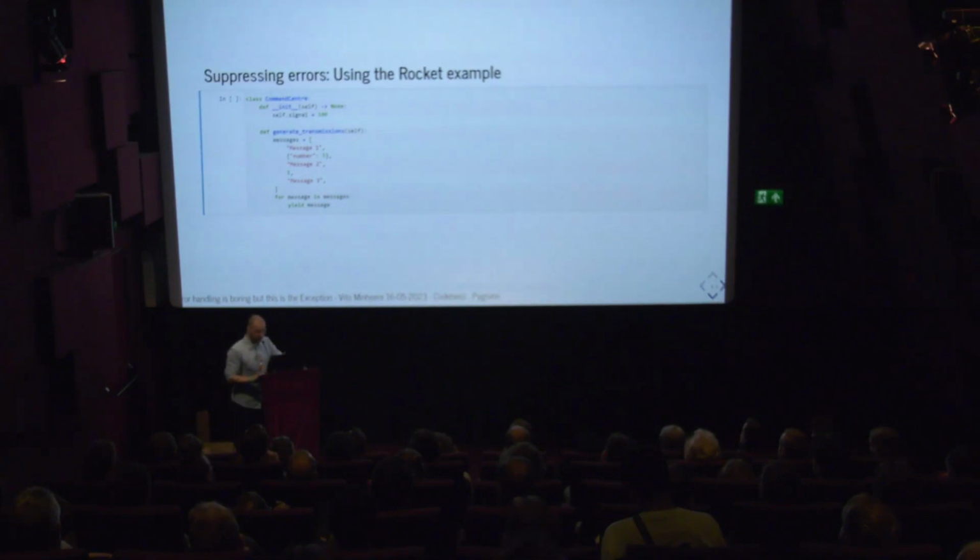So now we put it in a better example using the rocket. I made up the part where we have a transmission coming from a command center and they are sending out messages to different rockets, but we only care about message 1, 2, and 3, the strings in this case. We don't care about the dictionary or the integer.